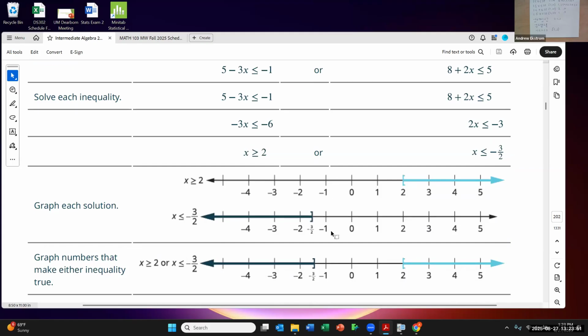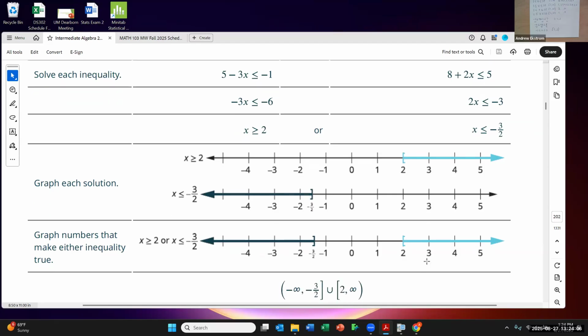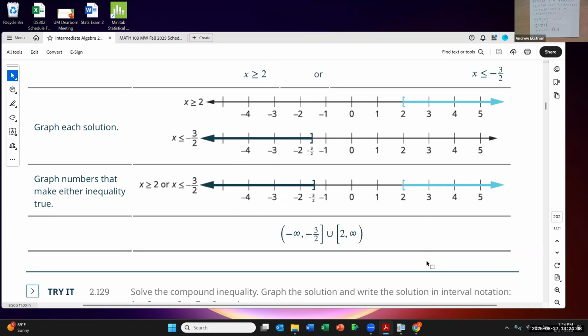In this particular case, there is no overlap between these two. And we're looking for what's in this group over here and what's in this group over here, which is where this little U thing that we have comes in. That just means the union.